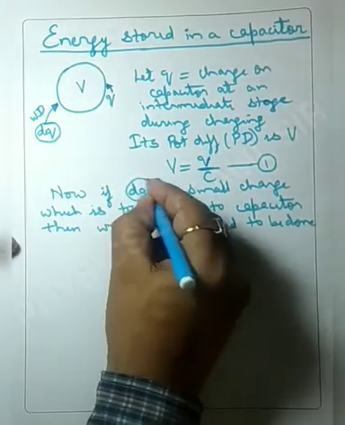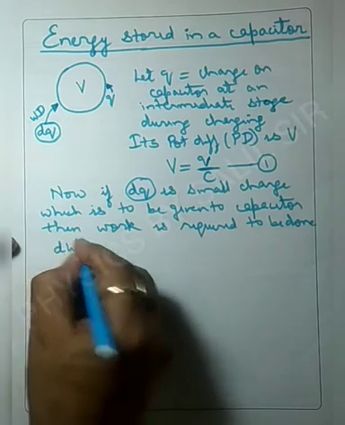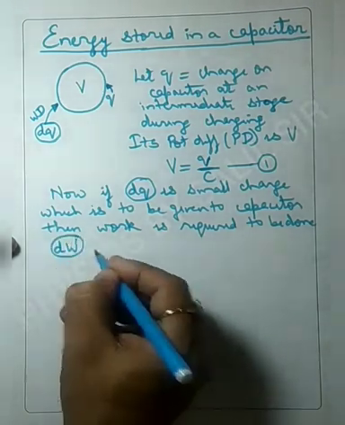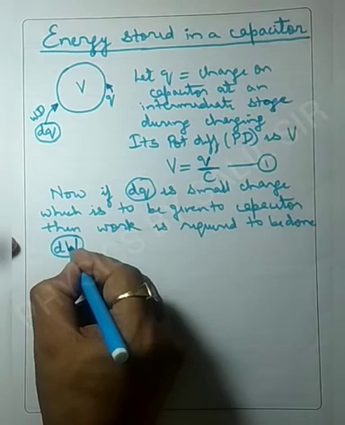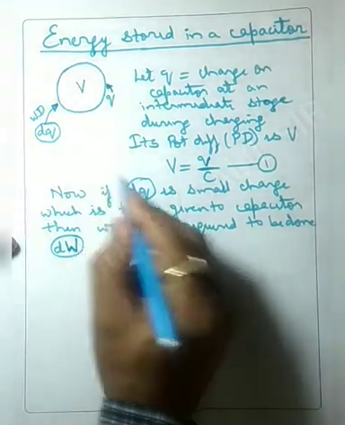Because this is a small charge dq, the small work is denoted by dW. So this dW is the small work required to transfer this small dq charge into the capacitor.